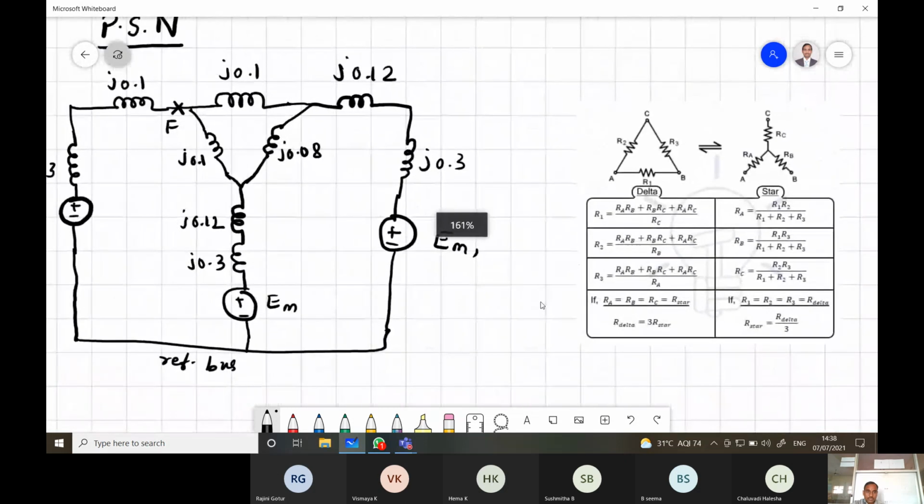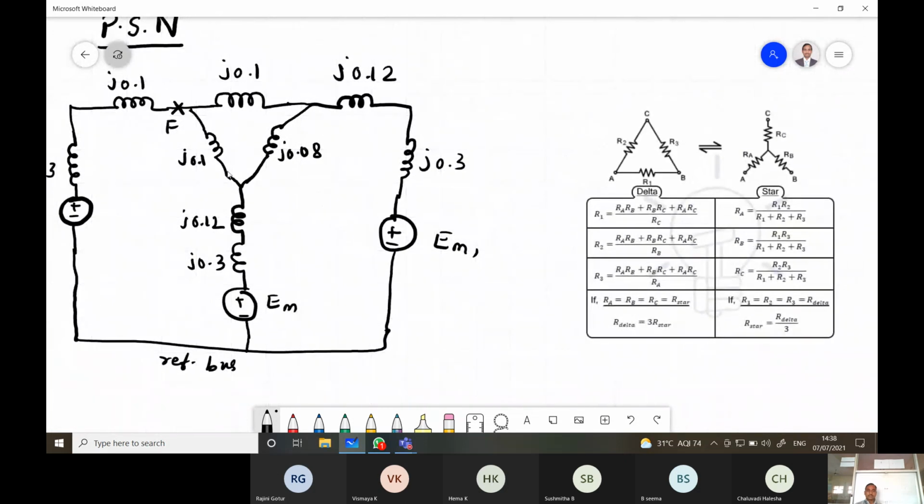So this delta, convert into star. So you will get, so calculate delta conversion to star.